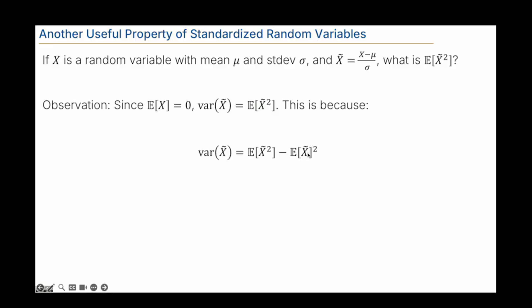And since we already know that this one right here is 0, these two quantities are the same. So if the expectation of a random variable is 0, then the variance is just the same as the expectation of the square of the random variable. This is just 0. So we know the variance is equal to that, and we already knew the variance was equal to 1. Okay. All right. Why did I do that? Well, we'll use it in a second.